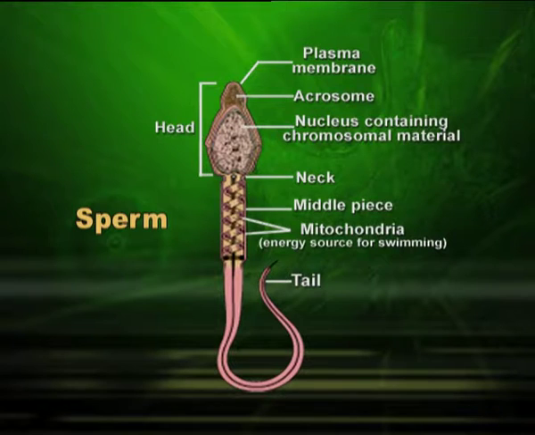Here is the sperm. By now you are familiar with the structure of a sperm. It has a head, neck, middle piece and the tail. The acrosomal part of the sperm helps in penetration of the ovum. Try to imagine that the ova is larger in size and the sperm is smaller in size.